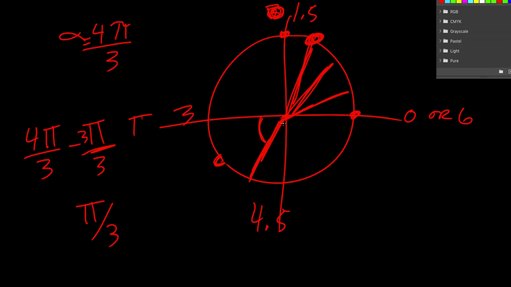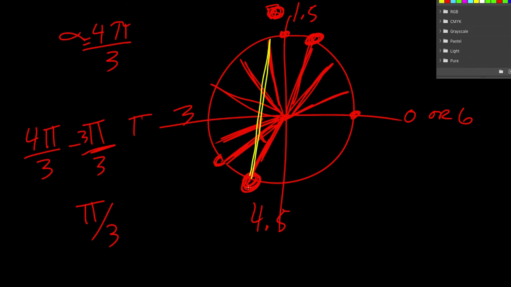Now, if we want to do our symmetry, so we have that, so we're right here. And then we have this, this, and this. The symmetry is going to line up with this point. So we go up to, let's see, I'll change colors to hopefully make that visible. So the symmetry goes to there, and then the symmetry goes to there. So we want to know the point of this. This rotation is pi thirds.